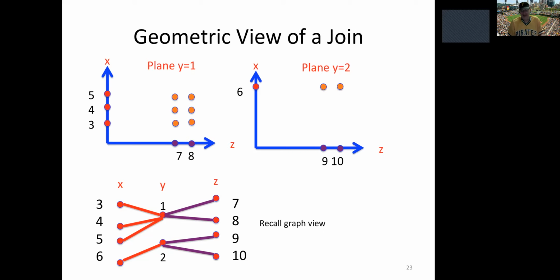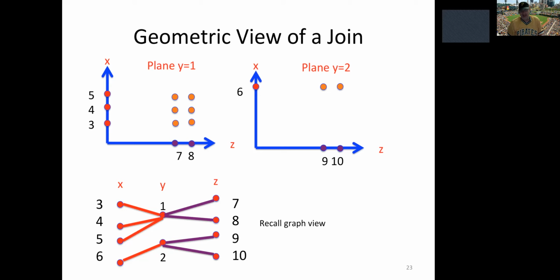A geometric view of this: if you think about this graph view below, let's think about those points where Y is equal to 1. Where Y is equal to 1, there are 6 paths, and they start with 3, 4, and 5, and they end with 7 and 8.